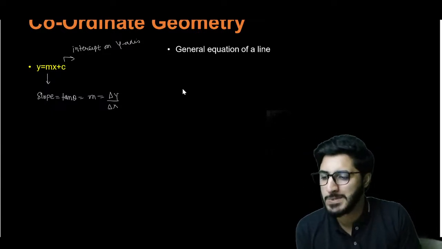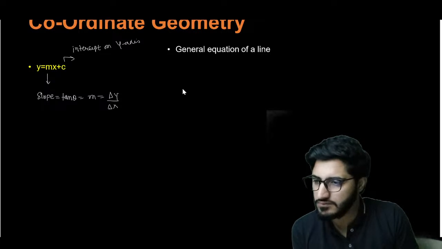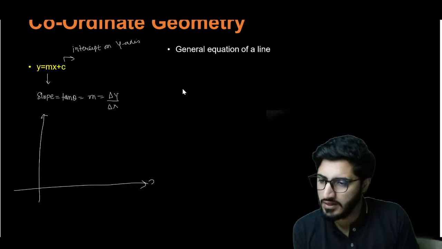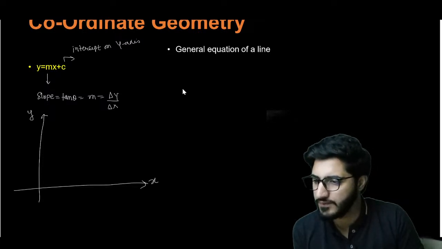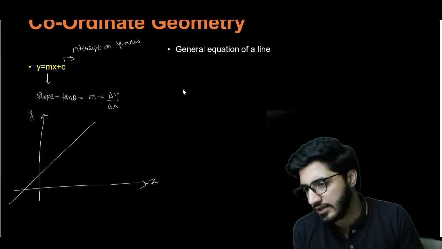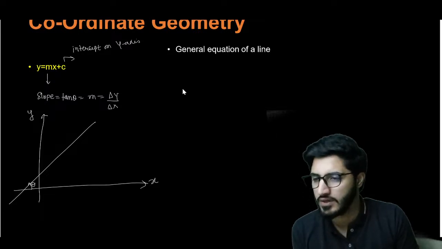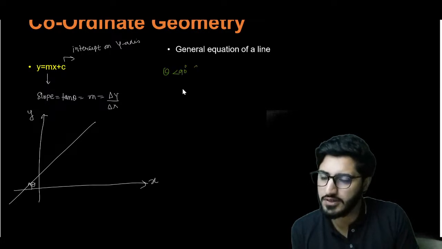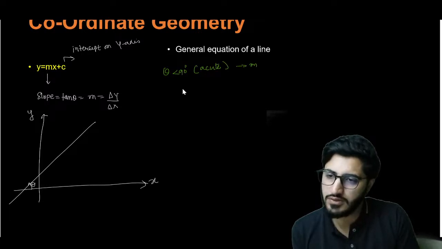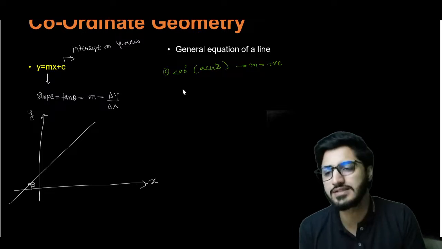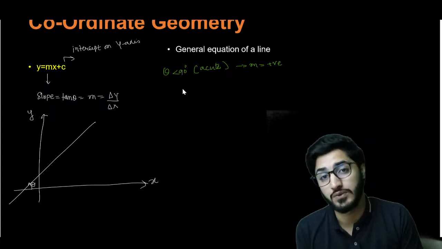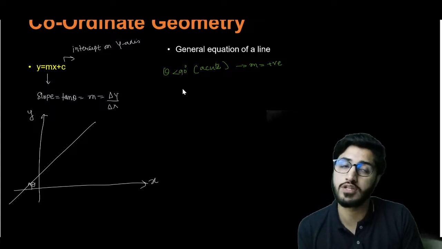Okay, look, if we are having something like this, x-axis and this one is y-axis, and let us suppose this angle is theta. If my theta is less than 90 degrees, that means if my angle is acute, then my slope will become positive, because tan from 0 to 90 is positive, and in the second quadrant it is negative, in the third it is positive, in the fourth it is negative.